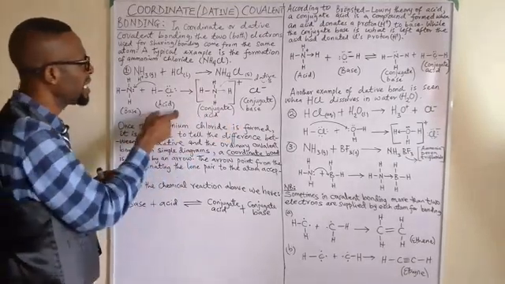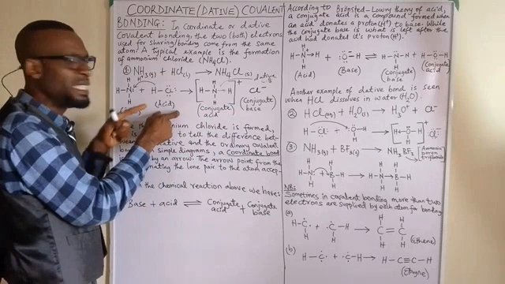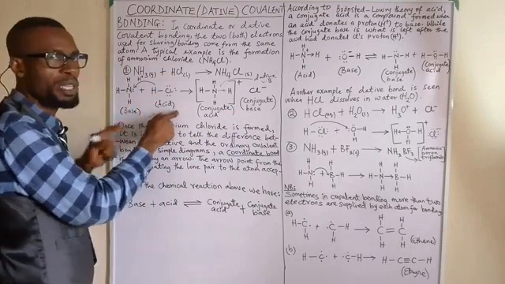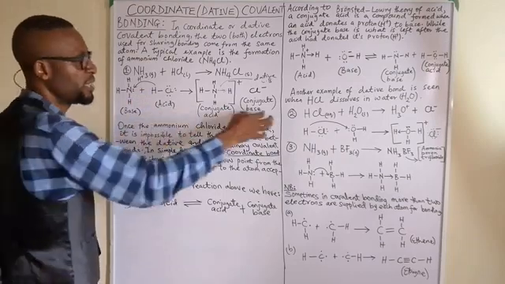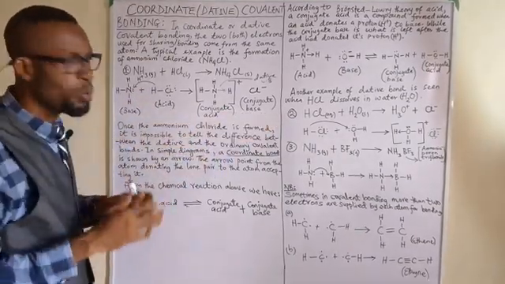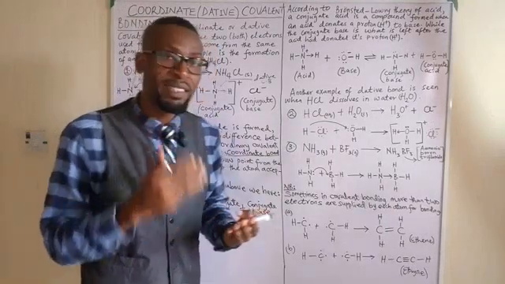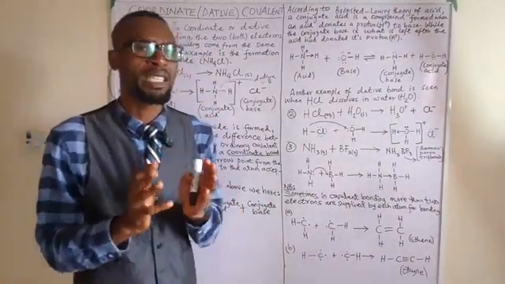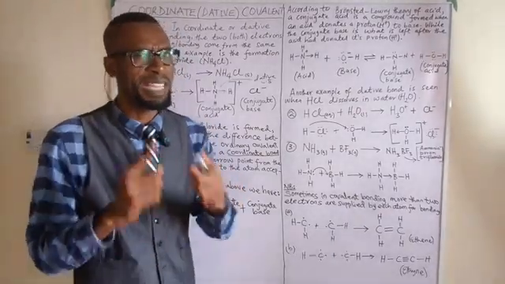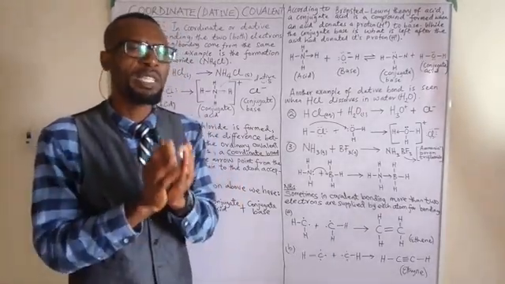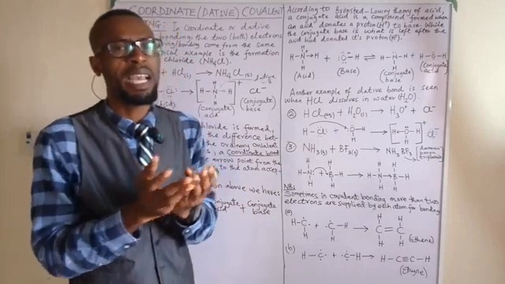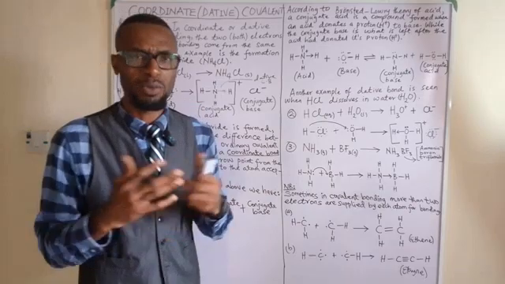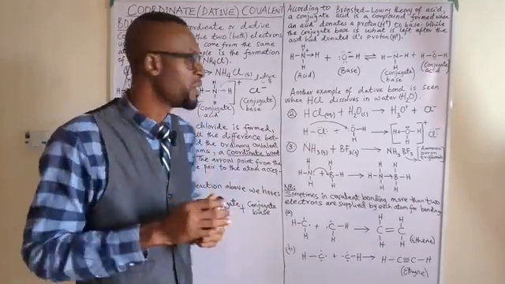And whatever was left after deprotonation of the acid, that is after the acid has donated the proton to a base, is known as a conjugate base. So we need to understand the 3 key theories of an acid if we must understand acid-base reactions. And in turn, for us to explain coordinate covalent bonding very well, acid-base reactions are very wonderful examples that will help us drive home the point.